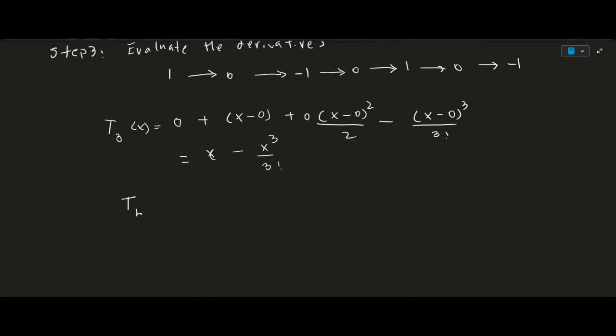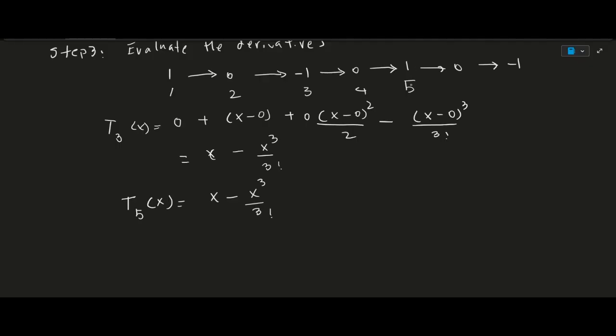Now, if I want to write the degree 5 polynomial, I know all the way to degree 3, I had this. I know the degree 4 term is going to be 0. Even degree terms are going to be 0.